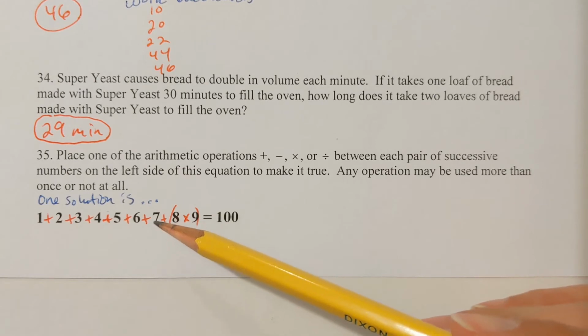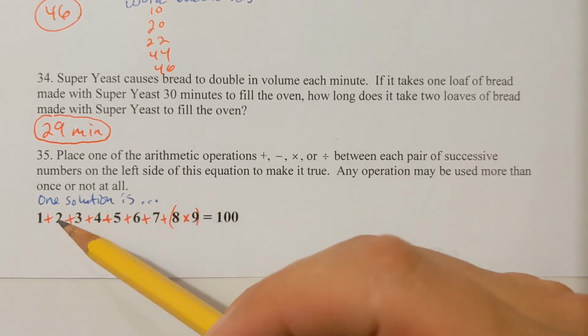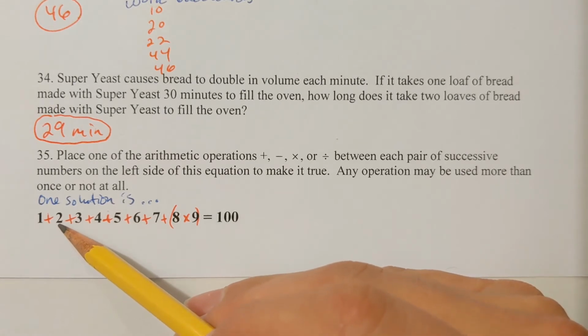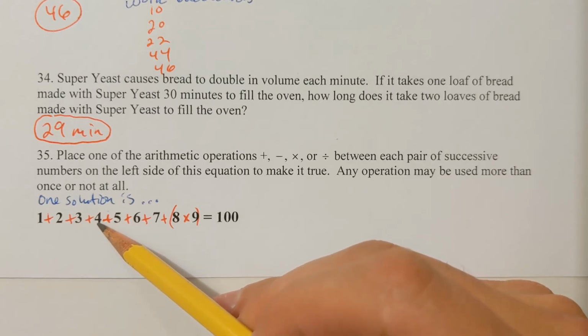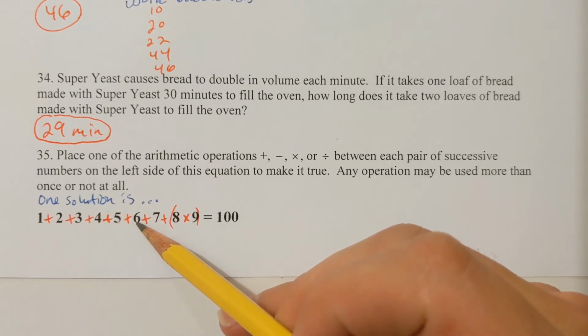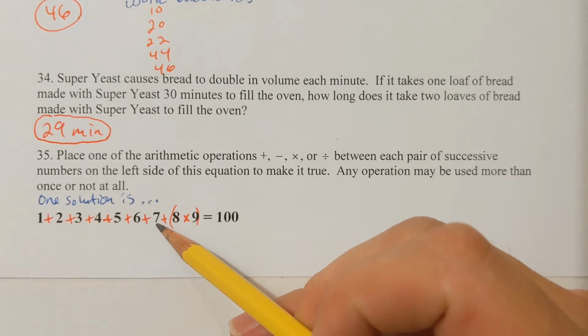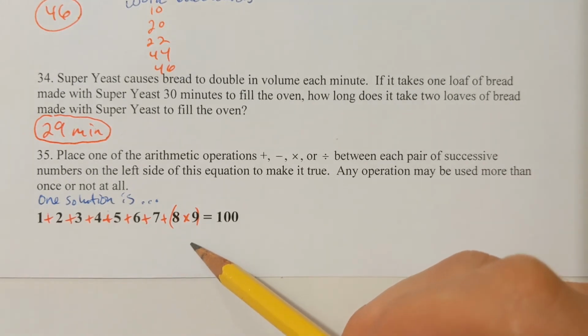If we conveniently put plus signs everywhere else, 72 plus 1 is 73, plus 2 is 75, plus 3 is 78, plus 4 is 82, plus 5 is 87, plus 6 is 93, plus 7 is 100. So that would be one answer that you could give.